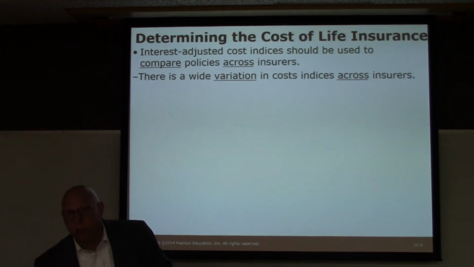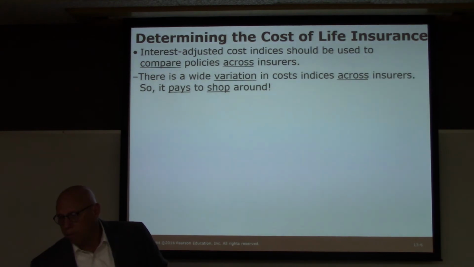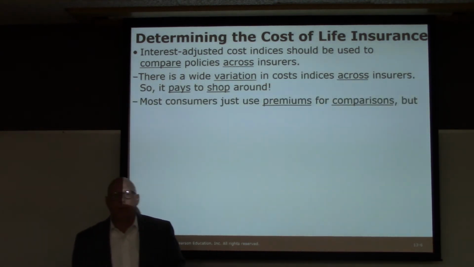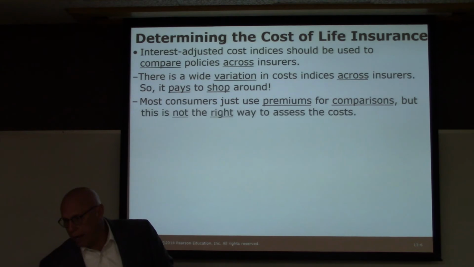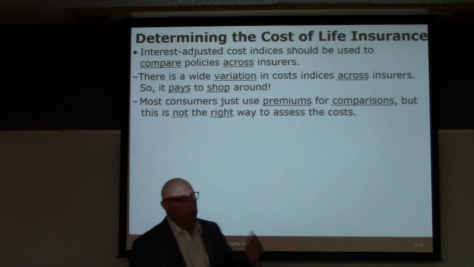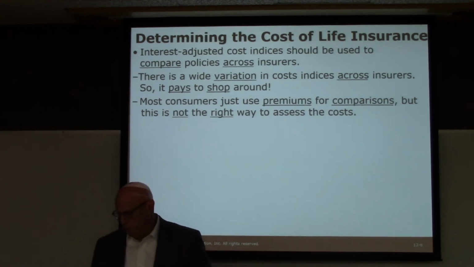In other words, it pays to shop around, folks. Okay? Most consumers just use premiums for comparisons, and that is not accurate. Okay? That is not accurate. The accurate way to compare is to do the surrender cost index.